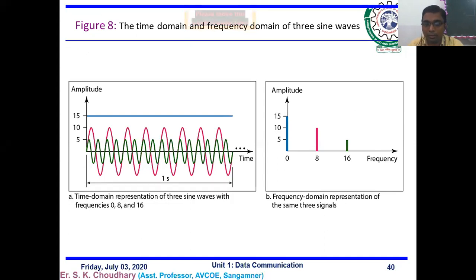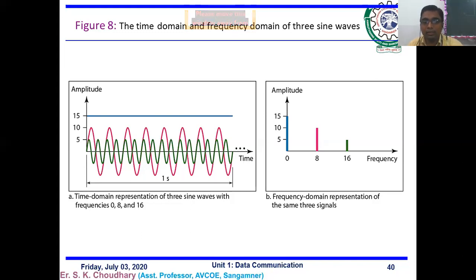In figure 8a, there are 3 different waves in the time domain. One has frequency 0, so it is uniform at an amplitude of 15 volt. Another has a frequency of 8 hertz and an amplitude of 10 volt, shown by the pink sinusoidal signal.